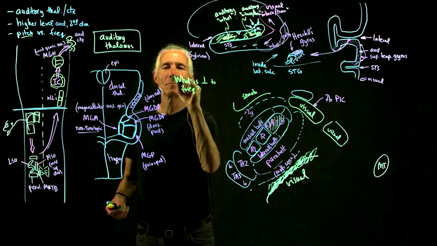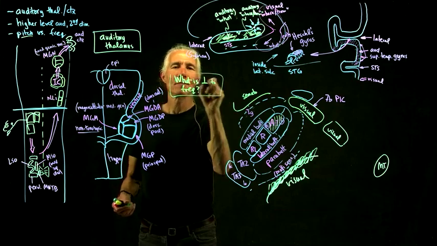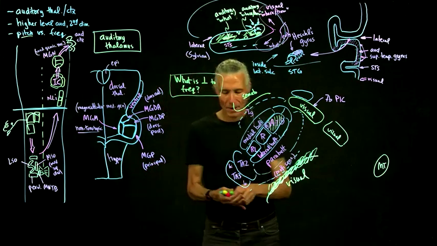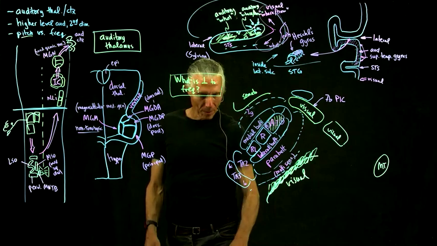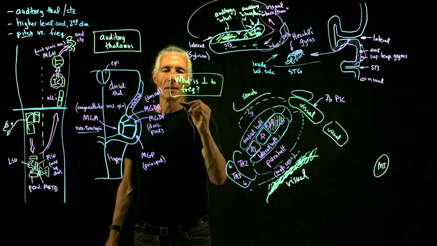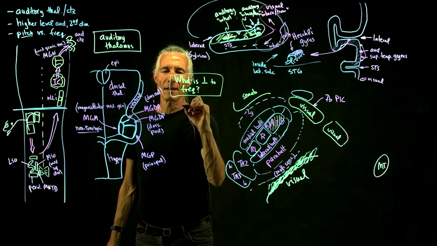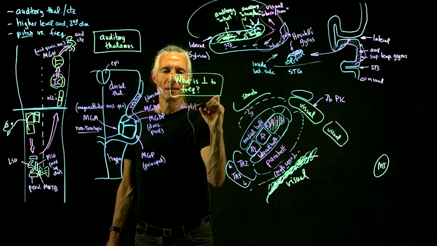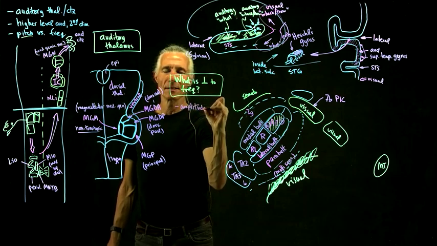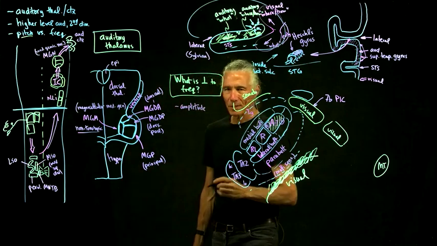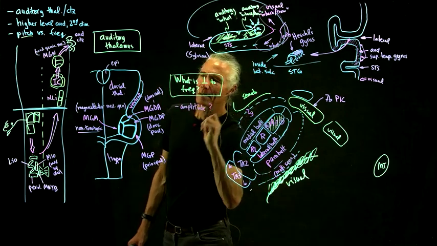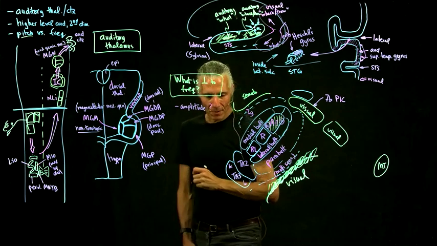Over the years, people have come up with various things. One obvious thing that could be perpendicular to frequency might be amplitude. That was an early suggestion from the dog brain.